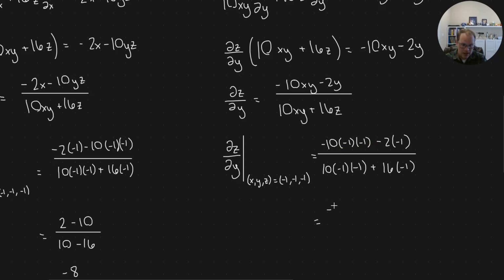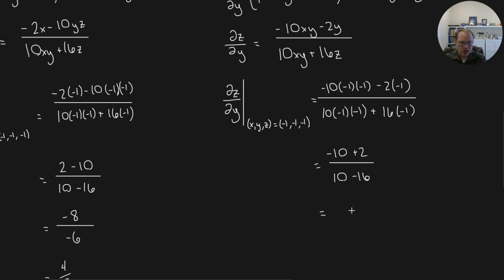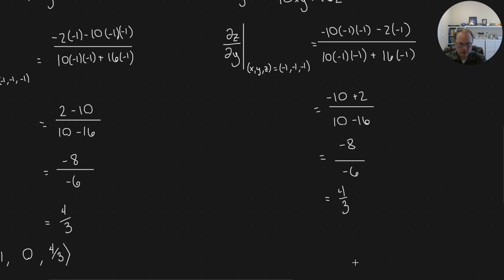This is a -10. This is a +2 divided by, this is a +10, and this is a -16. -10 plus 2 is -8. 10 minus 16 is -6. And I again get 4/3.